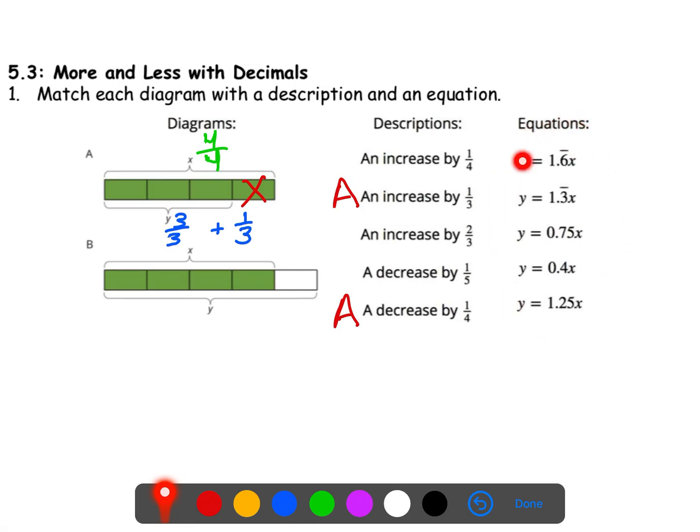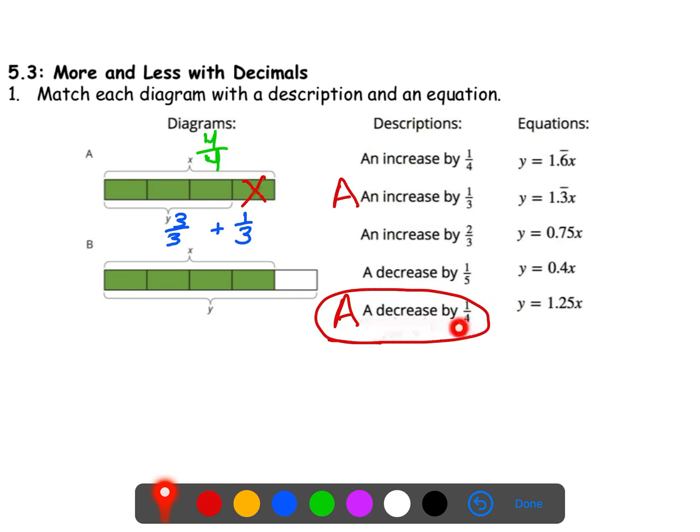All right, now if we look at the equations though, they are all written the same way. We have our y value is equal to a constant of proportionality times x. So if that is the case, then we have to look at it as this description here, because we're going to equal the y value by taking all of the x value and removing part of it, by decreasing it by 1/4.